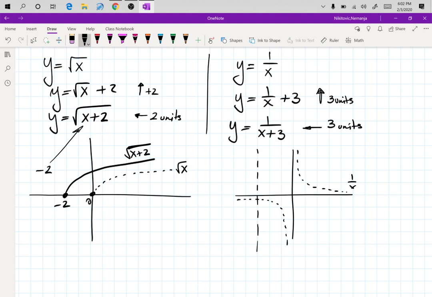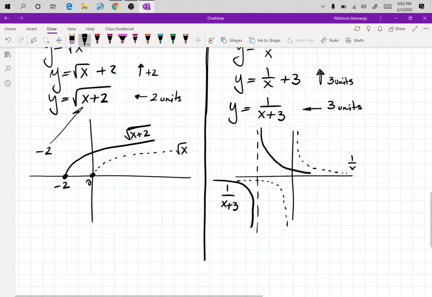And then we're going to draw the same function. And now this function is 1 over x plus 3. Those are two examples. Now, this is your original y-axis. This is your original x-axis. The dashed function here is 1 over x. And the solid one is 1 over x plus 3.